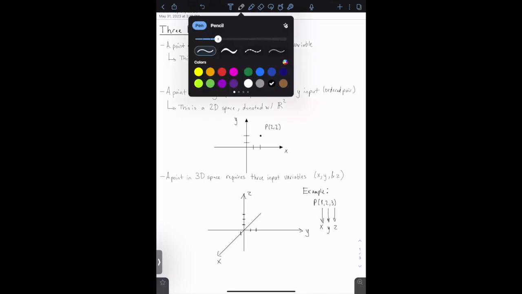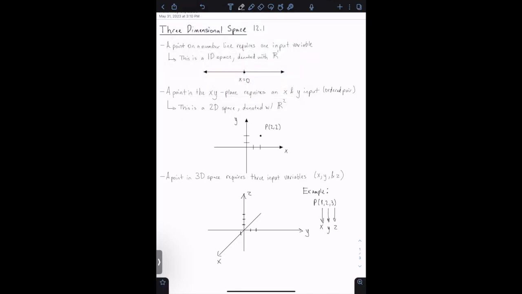So let's try to imagine what that looks like. The way I do that is by making these little dotted lines, and these dotted lines are going to form a rectangle in three-dimensional space, or a rectangular prism in three dimensions.